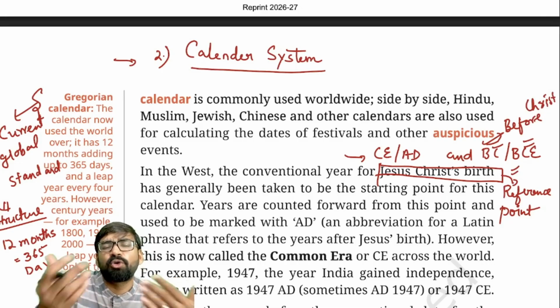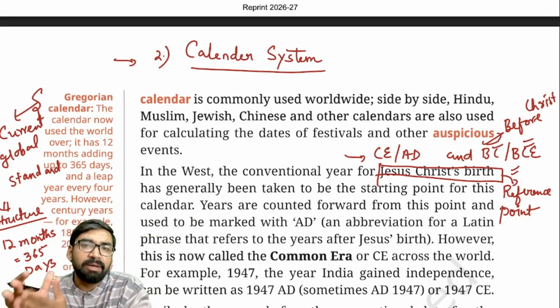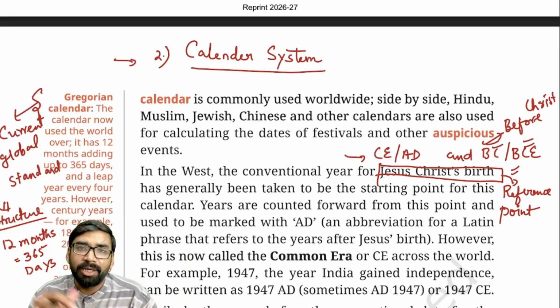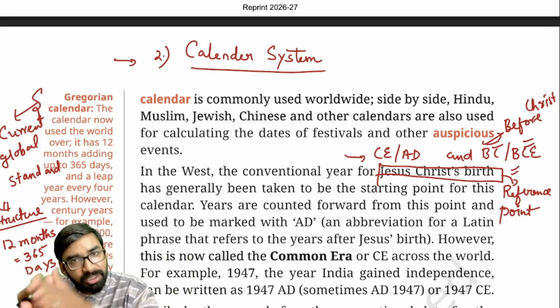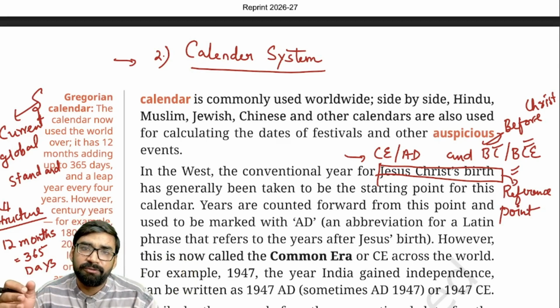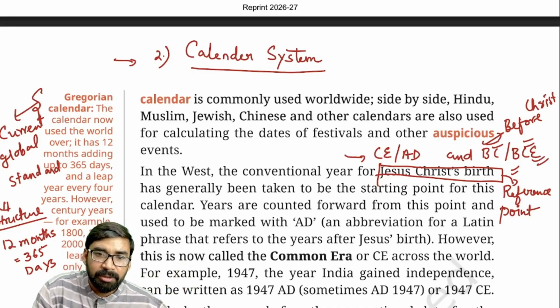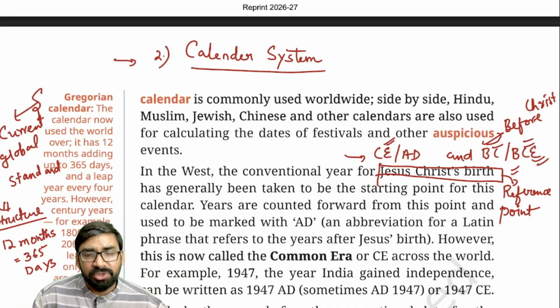BCE means before common era. Today, CE and BCE are used worldwide. CE means common era, which starts after the birth of Jesus Christ, and before the birth of Jesus Christ is called before common era. I hope this much is clear to all of you.